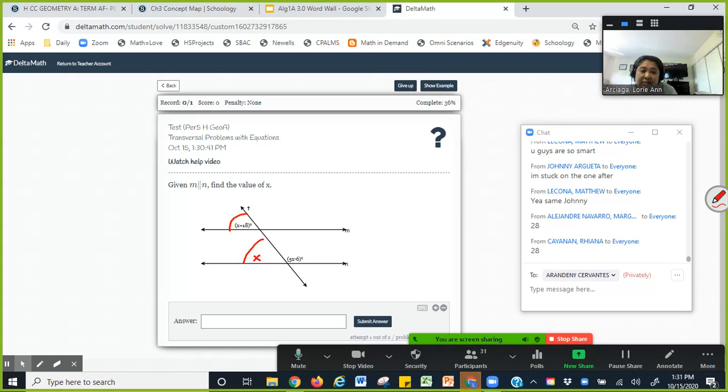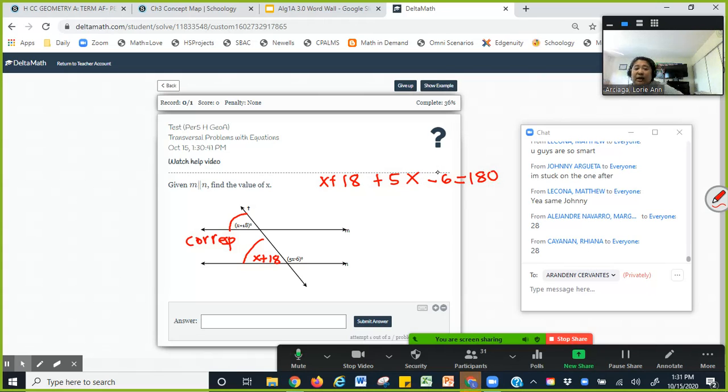So this is x plus 18, right? Because of corresponding angles. Okay, gonna just write that word. And once you have these together, they should form a linear pair, a straight angle. So now you're gonna add them. x plus 18 plus 5x, is that a minus? Yeah. Minus 6 is equal to 180 degrees.